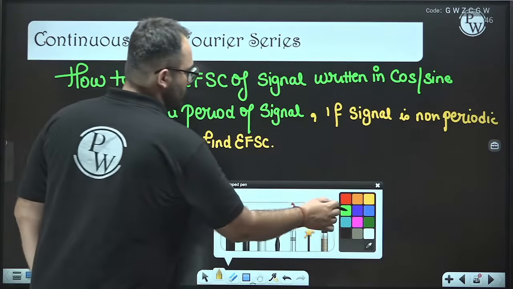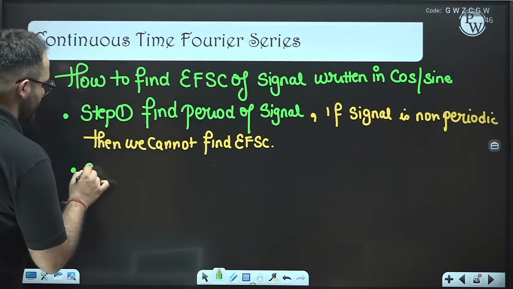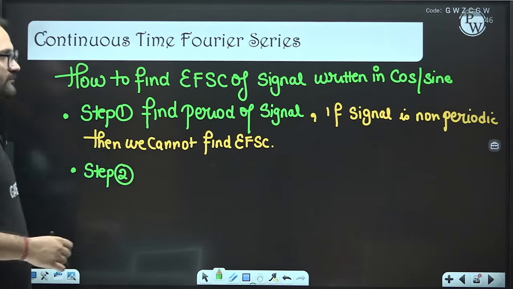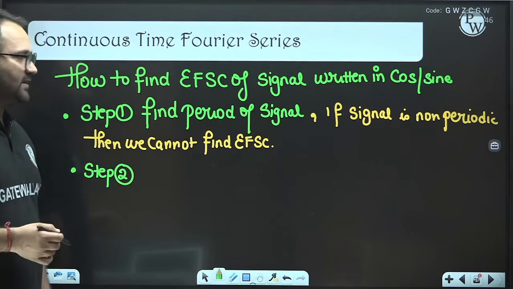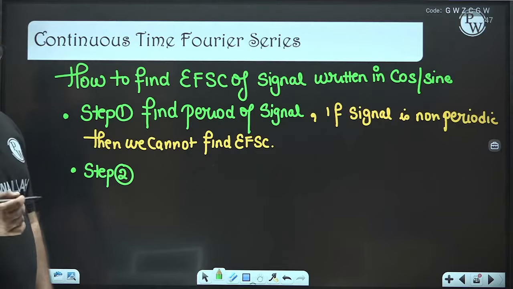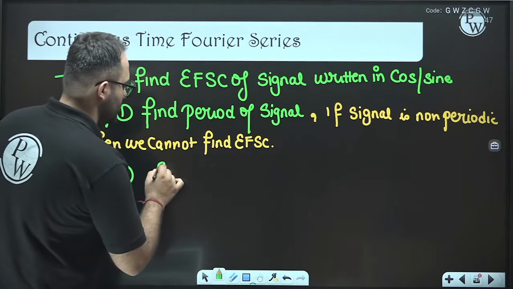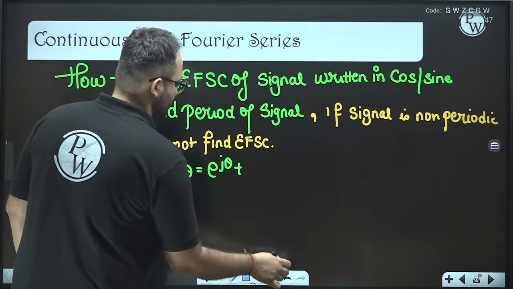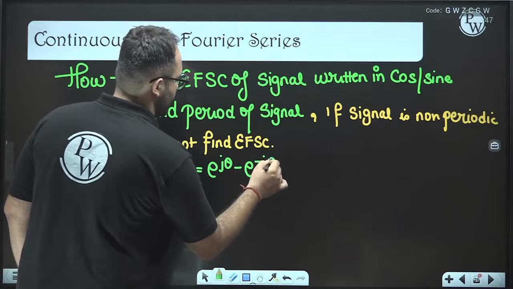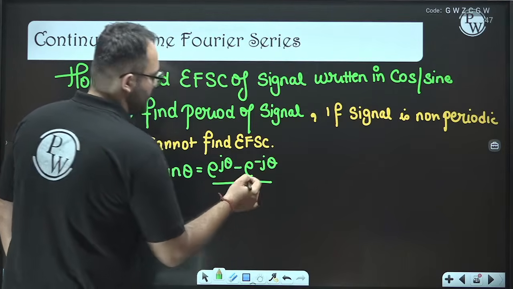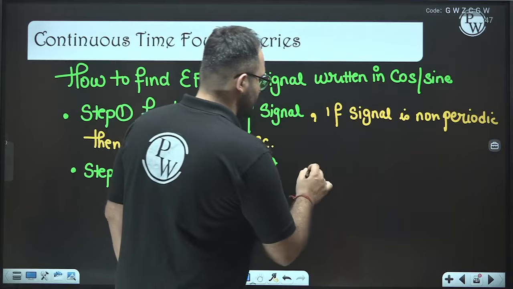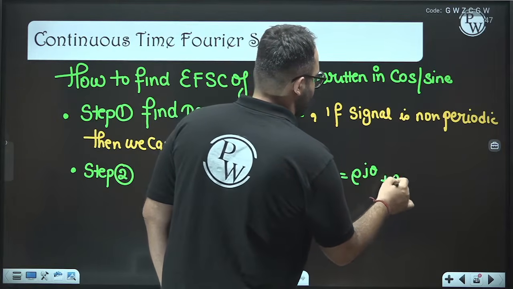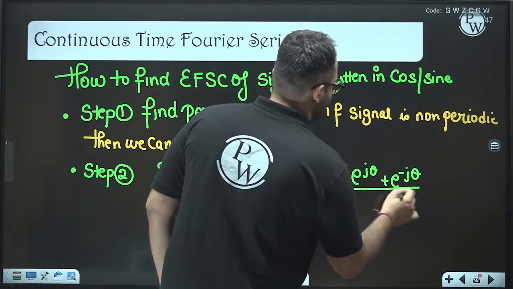Step 2 is to convert using this property: sin theta is equal to e to the power j theta minus e to the power minus j theta upon 2j, and cos theta is e to the power j theta plus e to the power minus j theta upon 2.